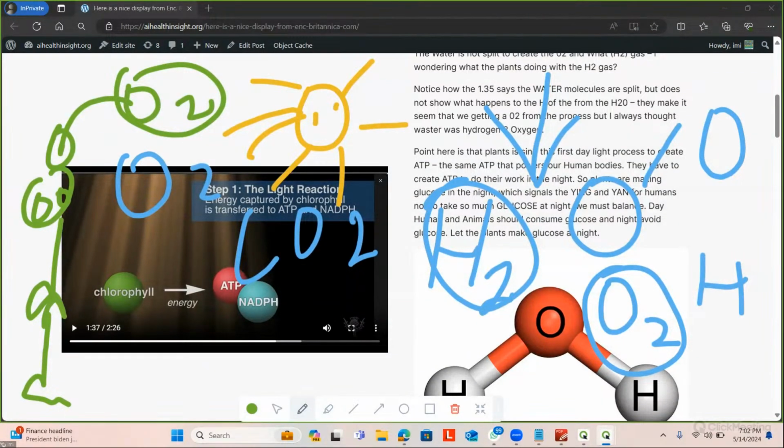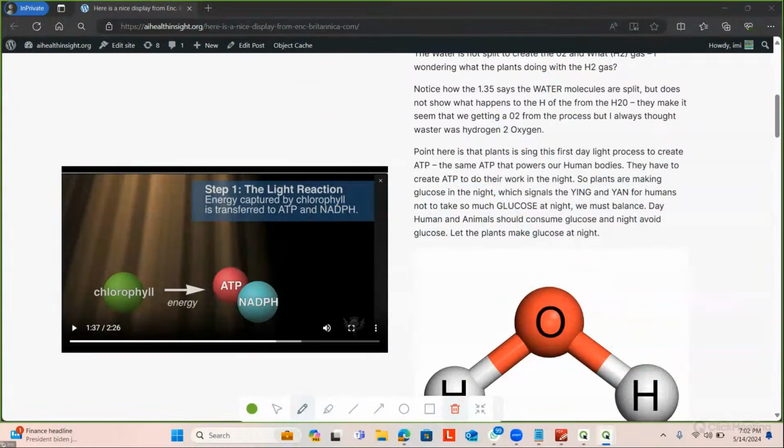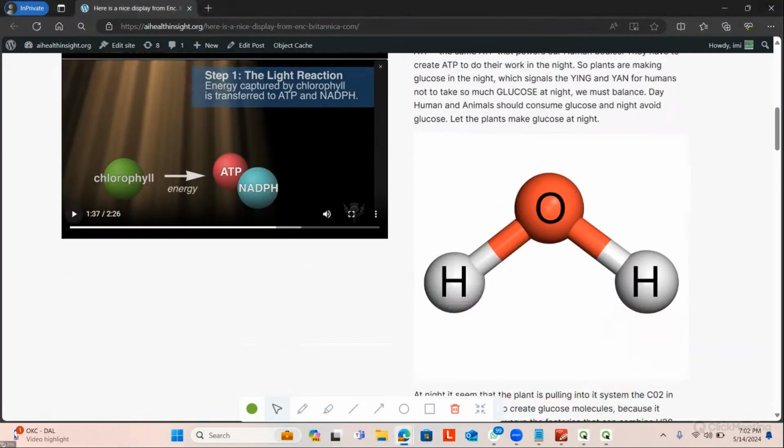So where does the oxygen come from? The oxygen comes from the plant splitting what? The oxygen is coming from water.